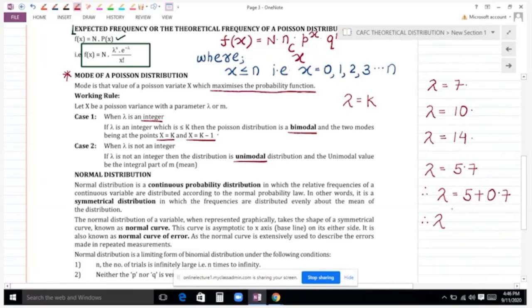Of the integral part and the fractional part, only 5 will be taken into consideration. 0.7 will be completely ignored, indicating that the given Poisson distribution is a unimodal distribution.